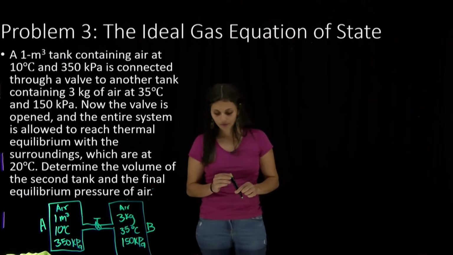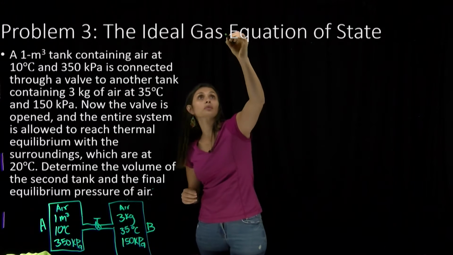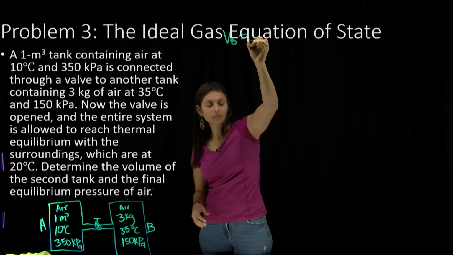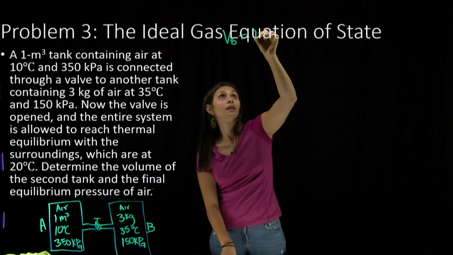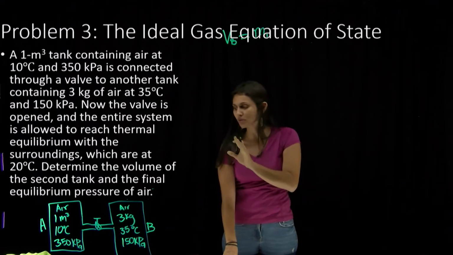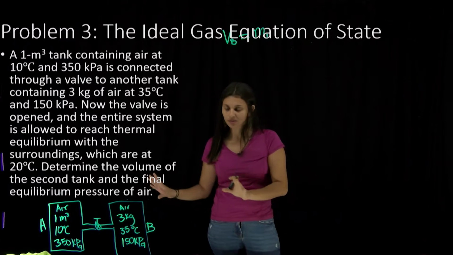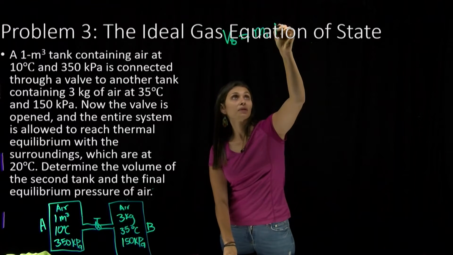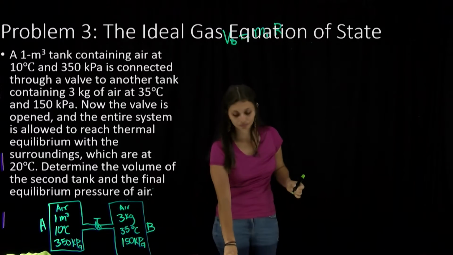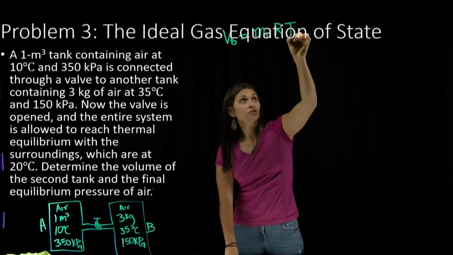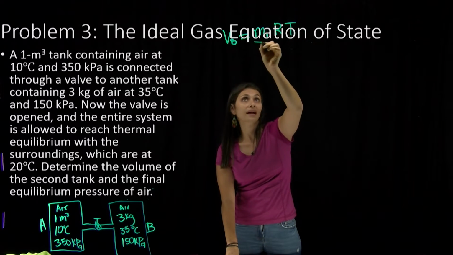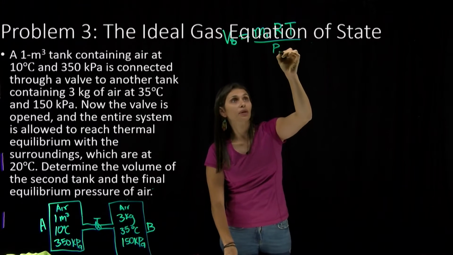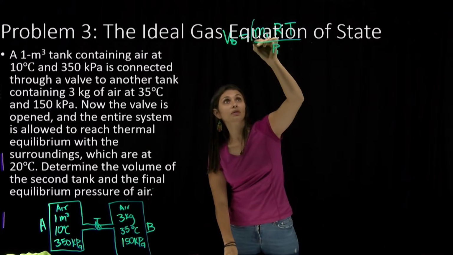So we can write that the volume in tank B will equal the mass of the tank at the initial state. We're just looking at the initial states for now, before the valve is opened, times the ideal gas constant times the temperature of the tank at the initial state, divided by the initial pressure.